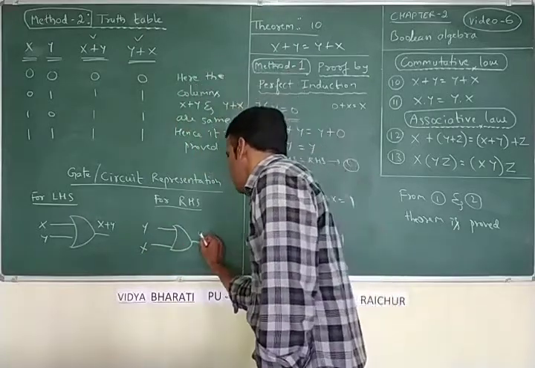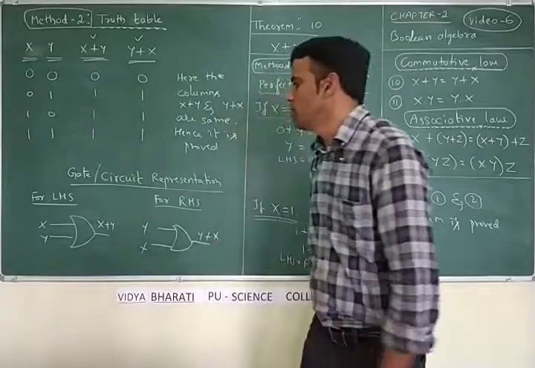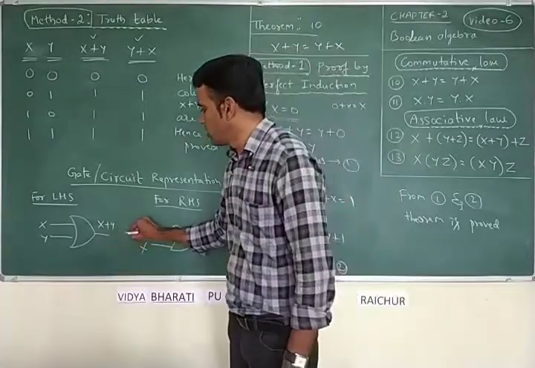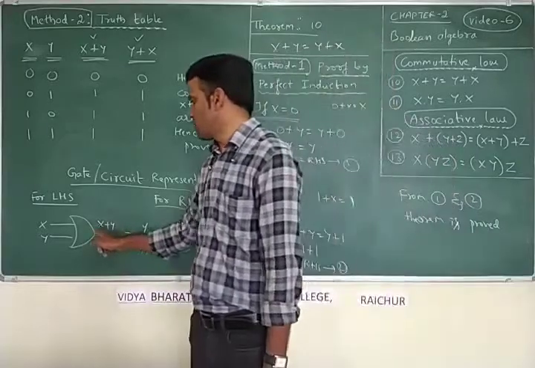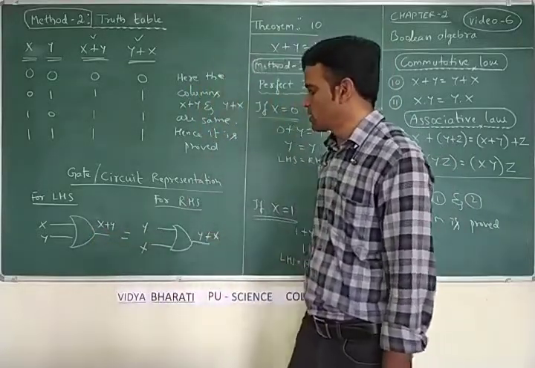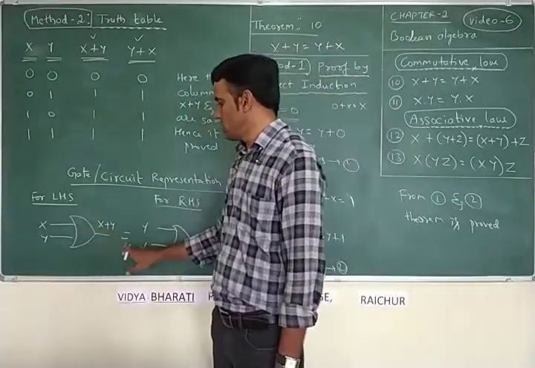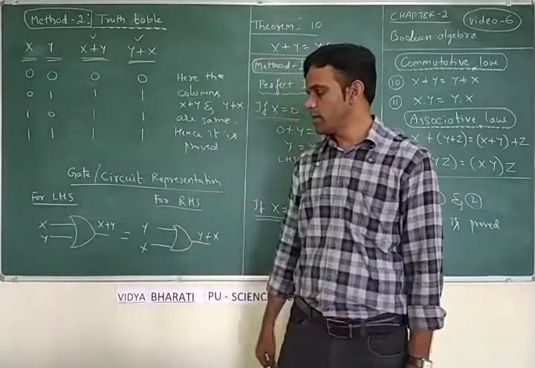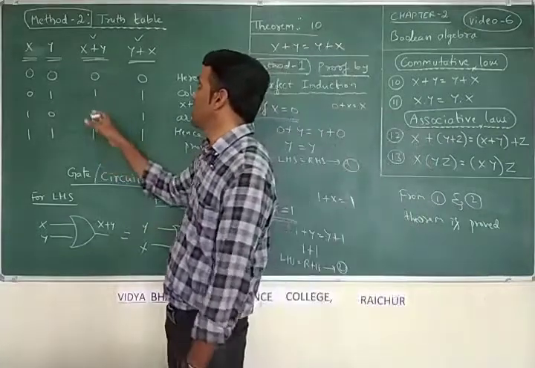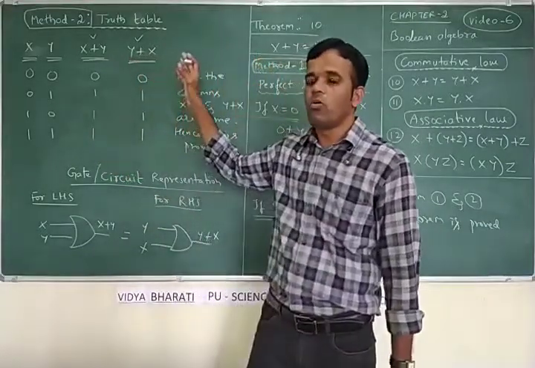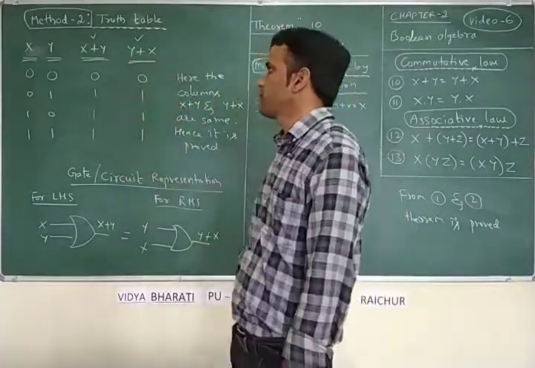So it is y plus x. But still, we are going to get same results for x plus y or y plus x. So this circuit is equals to this one. So whatever result we are going to get for x plus y, the same result we are going to get for y plus x.